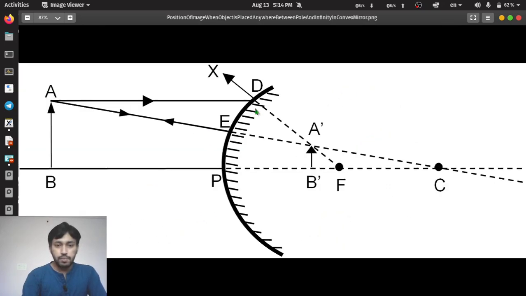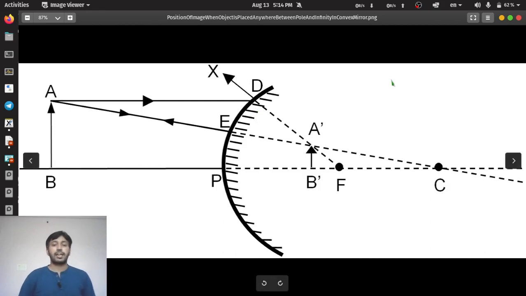Now this diagram is of convex mirror. Now convex mirror only generates one type of image, because you can see that the radius, center of curvature and focal length are all located mainly on the right hand side. That means inside this spherical area, and the object here is always at the left hand side.